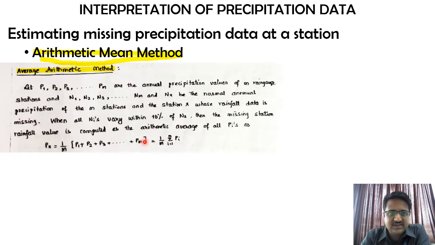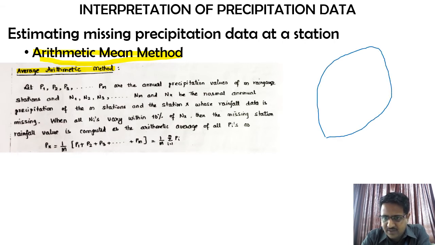So let us convert this theoretical explanation into a figure. Imagine you have a catchment area, and in it, let us say for now, we have 5 rain gauge stations, just for the sake of simplicity.